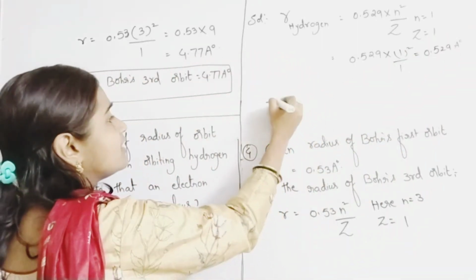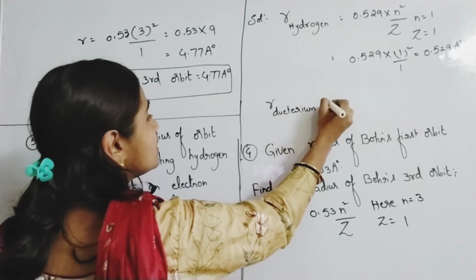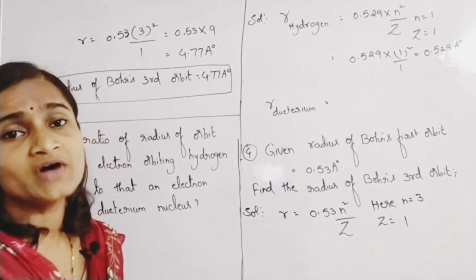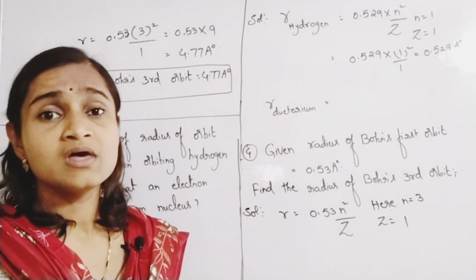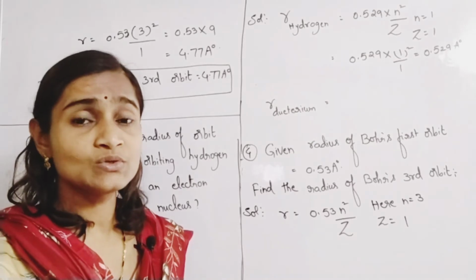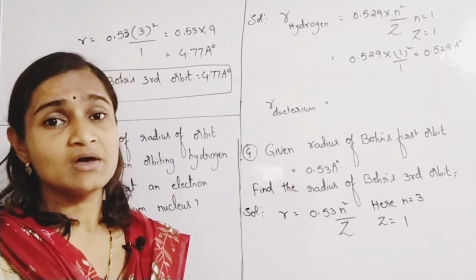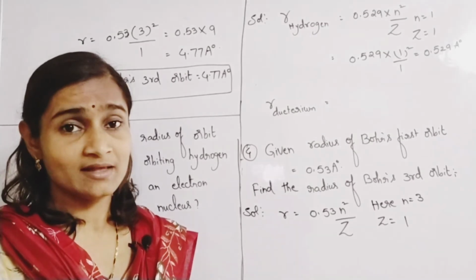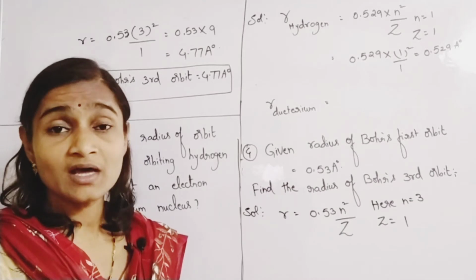Same like that, the radius of deuterium. What is deuterium? Deuterium is an isotope of hydrogen. We have learnt about isotopes. Those who haven't watched the video, just go through the previous video on isotopes, isobars, isosters, isodiaphers. You can watch that so that you will understand what isotopes are.